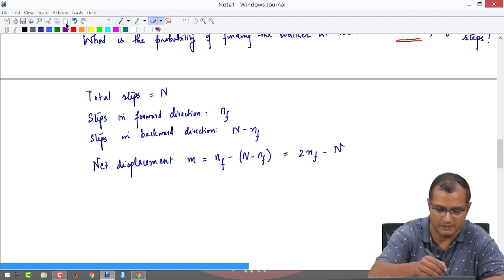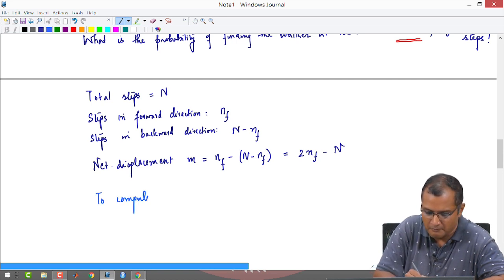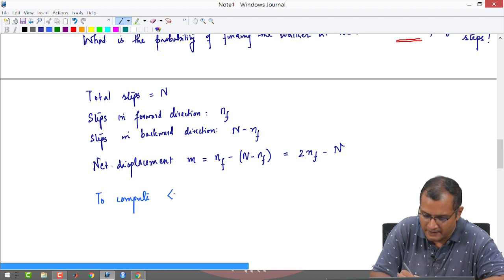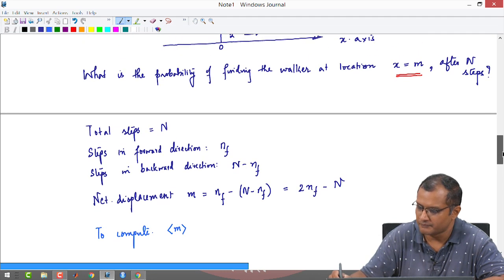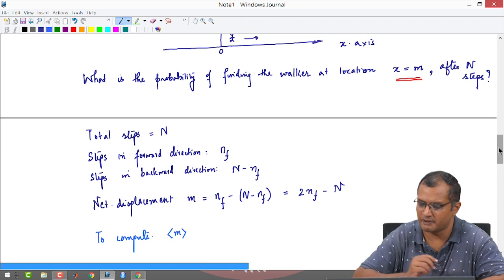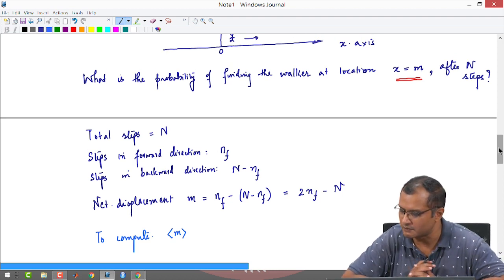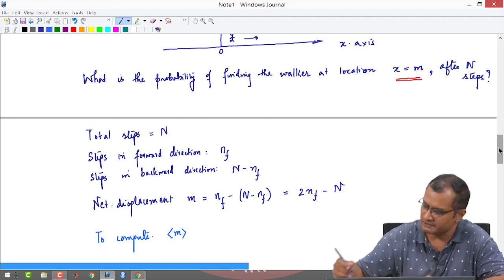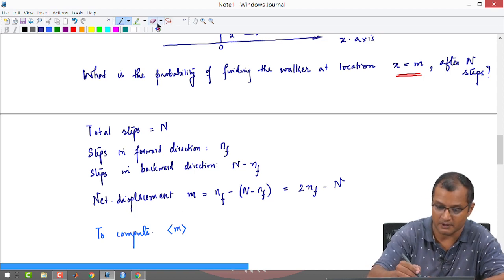Let me just correct myself. So, what is asked is basically we need to compute the average m. So, we are trying to find out the probability of finding the walker at the location x equals m, fine. So, let us start with that and then we will find out the average m, okay. That is also fine.